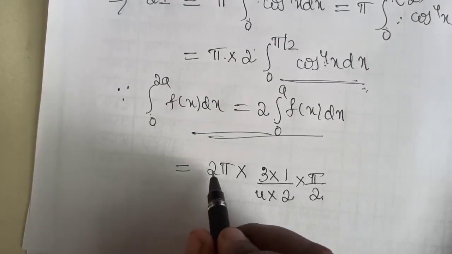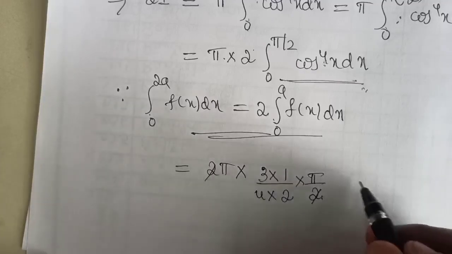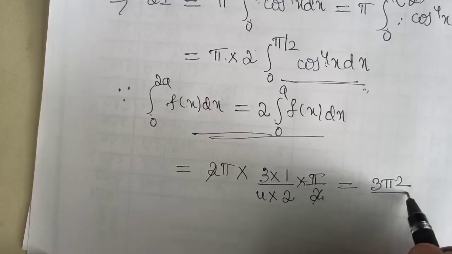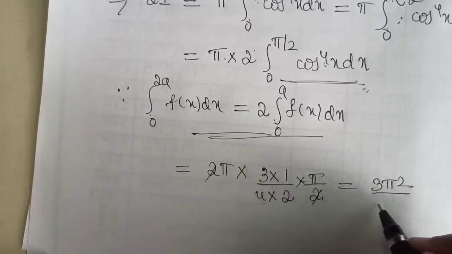So simplifying this one, the 2s cancel, we get 3 pi square divided by 4 into 2 is equals to 8.